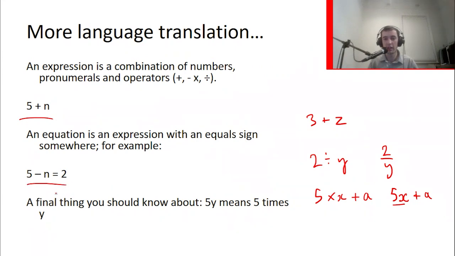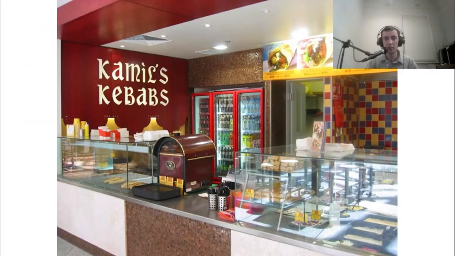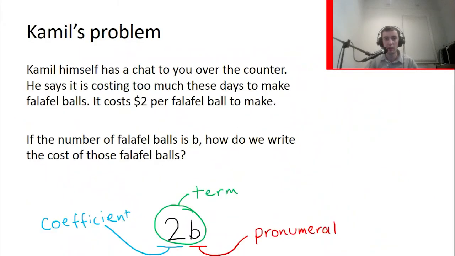And we talked about terms. So 5 is a term, n is a term. What else did we do? We did coefficients, which is this 2 over here. We did pronumerals, which is the letters. And this overall thing is a term. Okay.